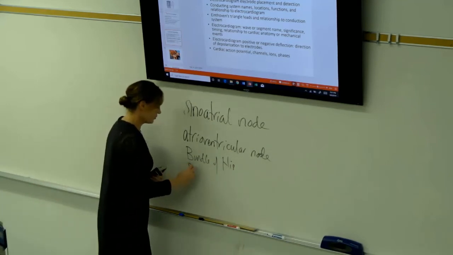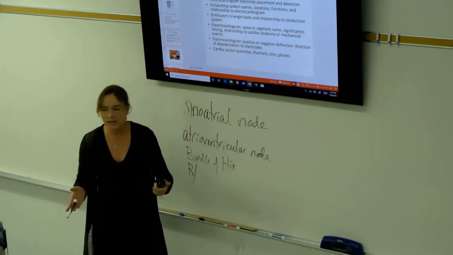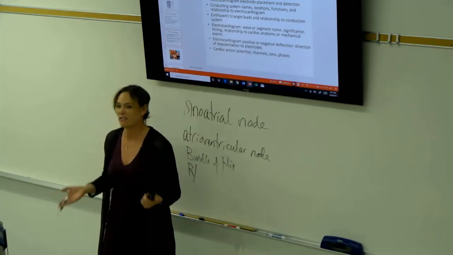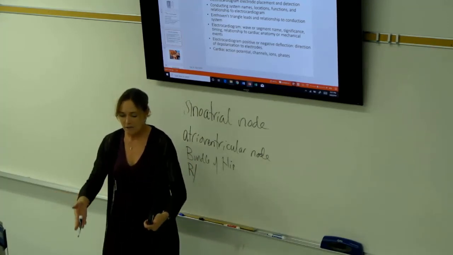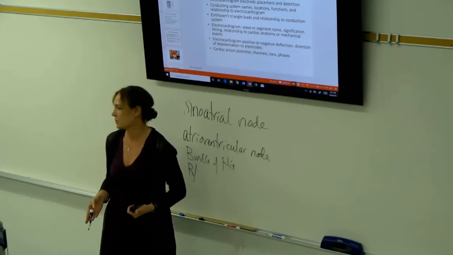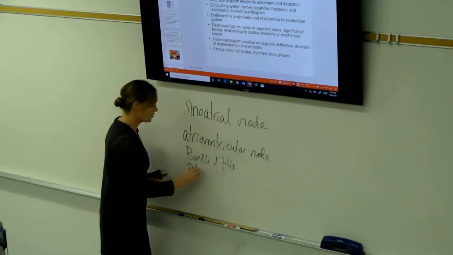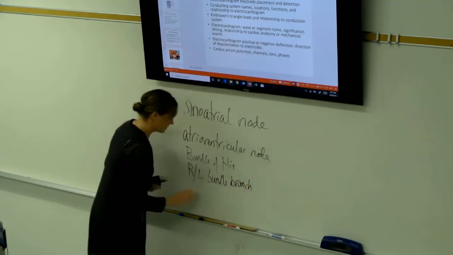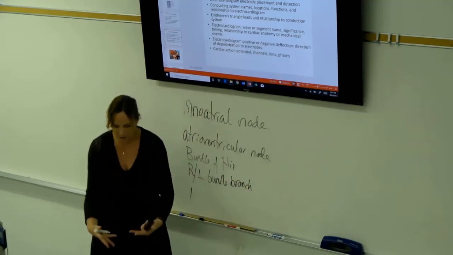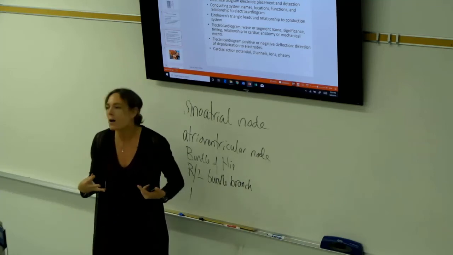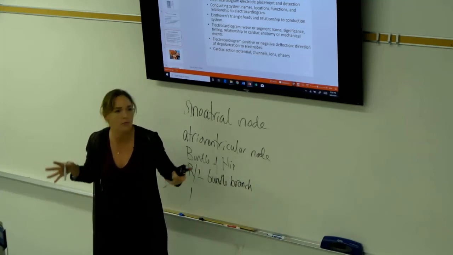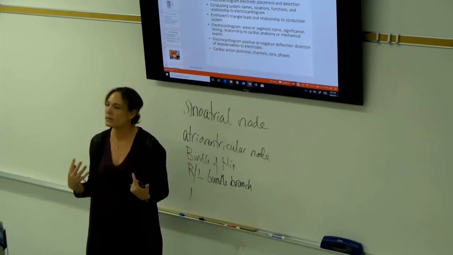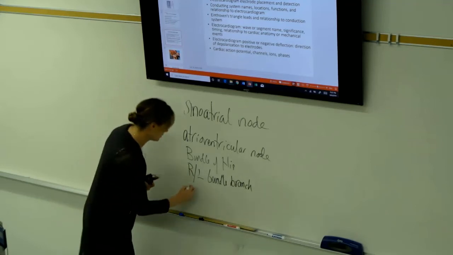Then it splits, because where the interventricular septum gets very, very thick, it has to have two separate electrical pathways. So you'd have a right bundle branch and a left bundle branch. Ultimately going down to the apex, back up the interventricular septum and around to the outer free walls will be Purkinje fibers.